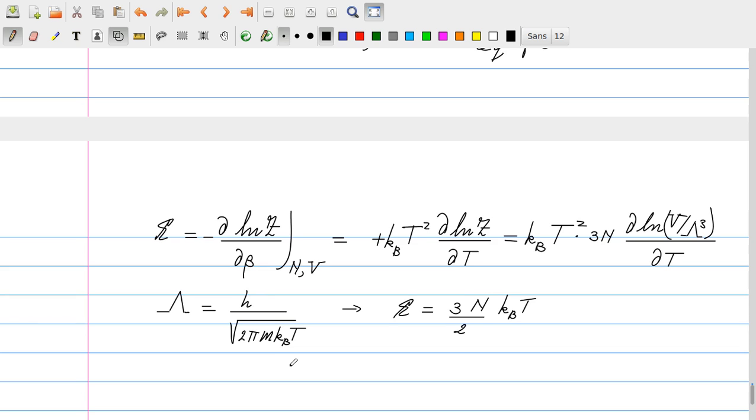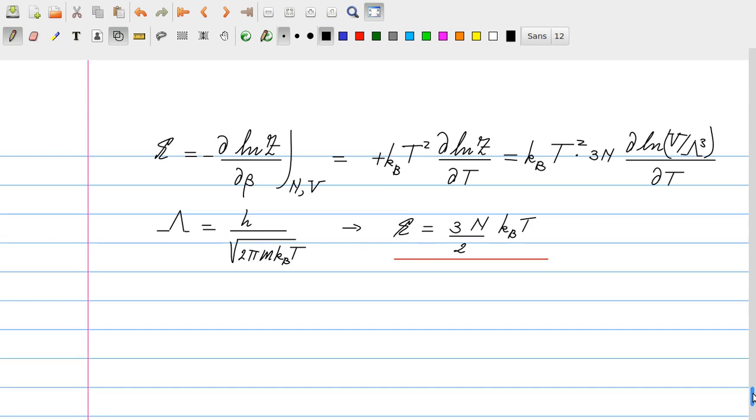And if I put that all in, then an elementary calculation gives you that E is 3/2 NkT. And that is a well-known result. It holds not only in the microcanonical ensemble, but it also holds in the canonical ensemble, and it's known as the equipartition. It's a manifestation of the equipartition theorem.